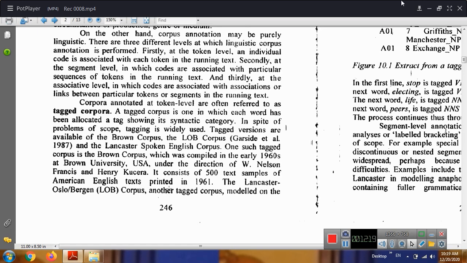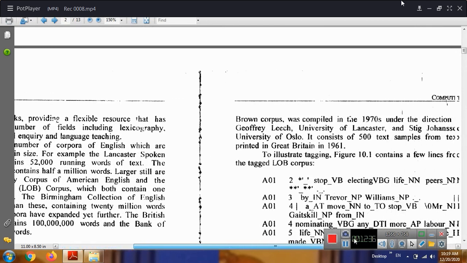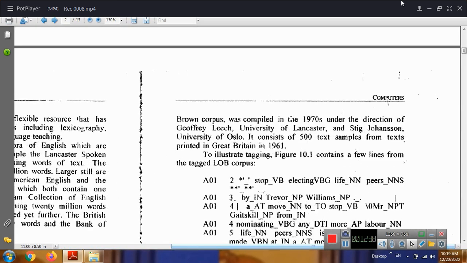Here we are acquainted with 2 types of tagged corpora: the Brown corpus and the LOB corpus. The LOB corpus was compiled in the 1970s under the direction of Geoffrey Leech, University of Lancaster, and Stig Johansson, University of Oslo.